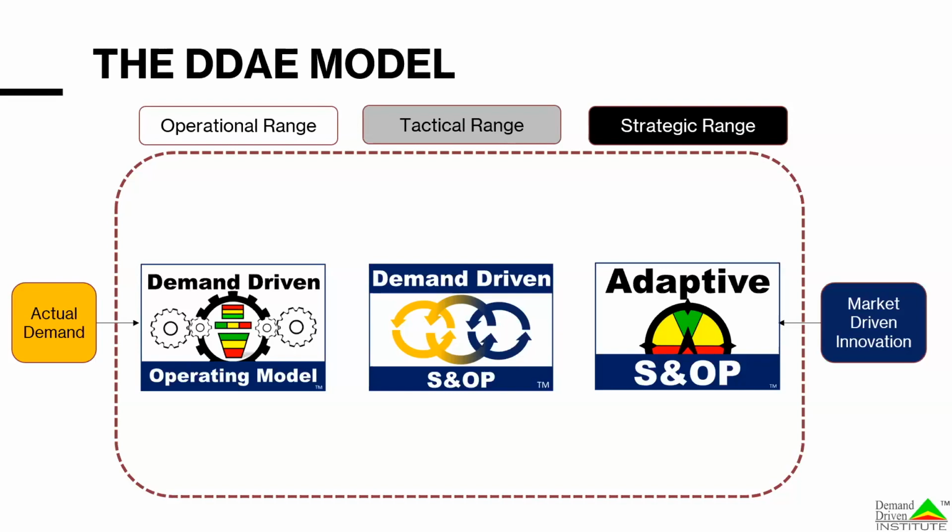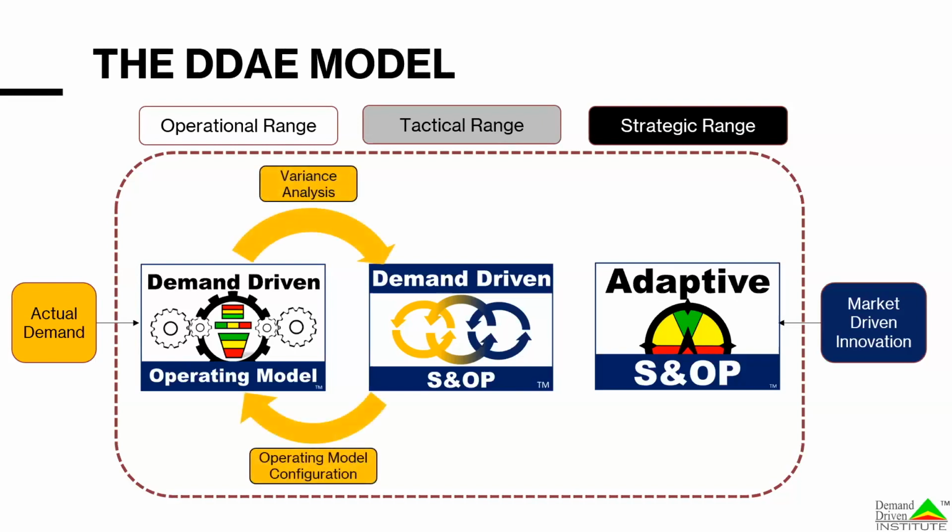So what do we do inside of it? We connect our operational model with what we call a tactical plan. Anybody have any experience with sales and operations planning? Then you have probably heard a term called integrated reconciliation. That's a big deal with S&OP.